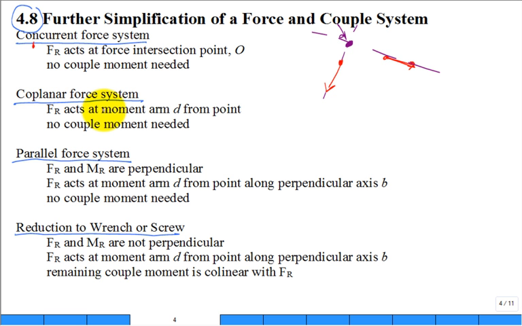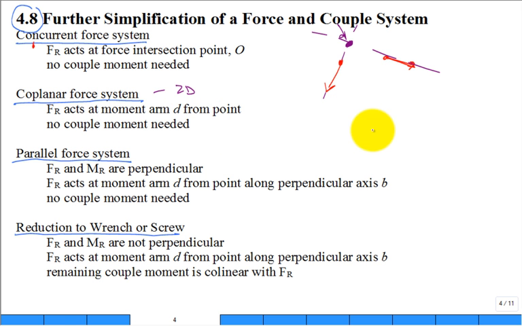What does coplanar mean? All in a single plane, just in 2D. This is real 2D. I know I just showed one there. It shows 2D, but this is truly 2D. So you can have the F of R acts at moment arm D from the point.